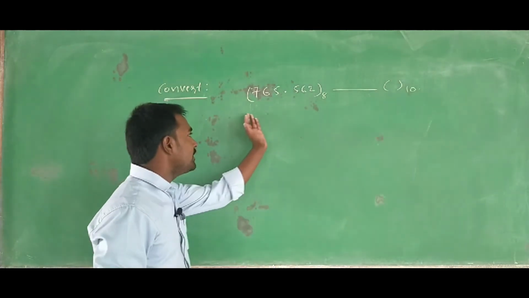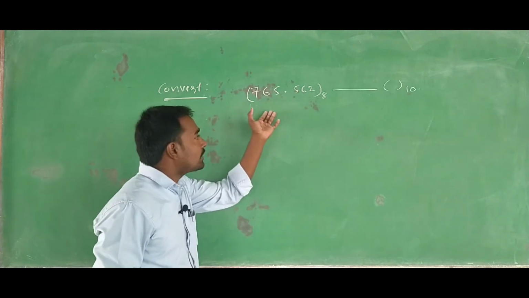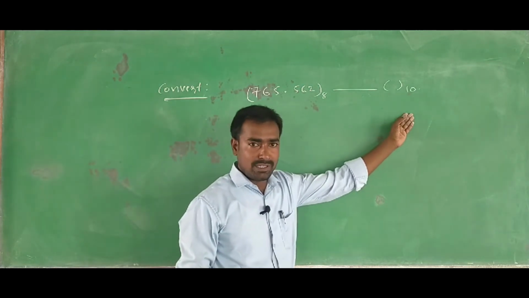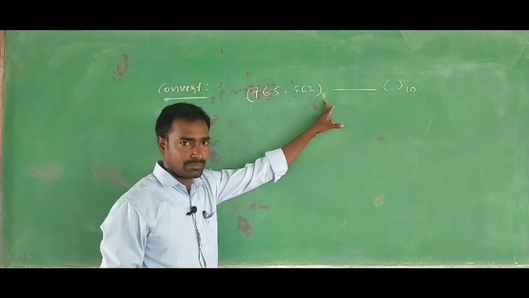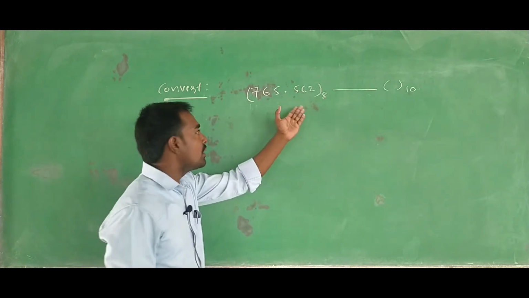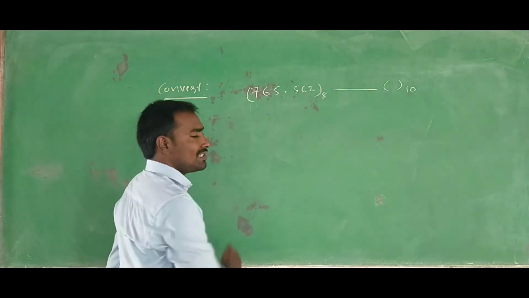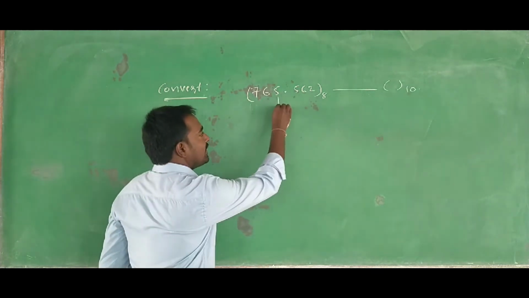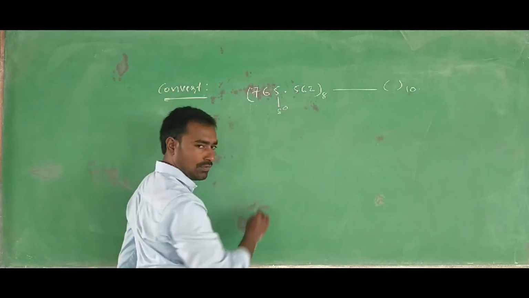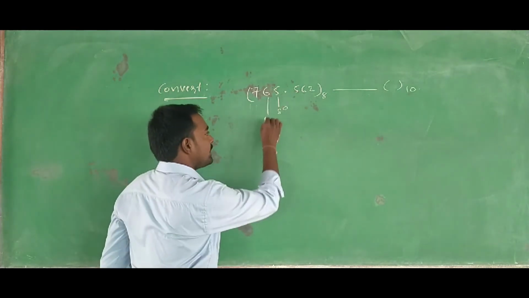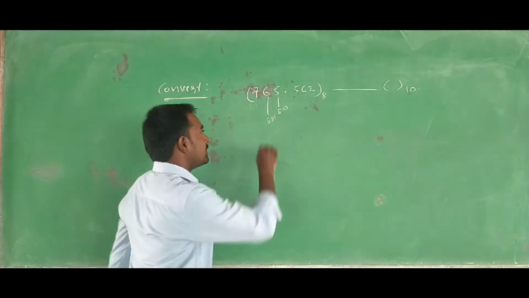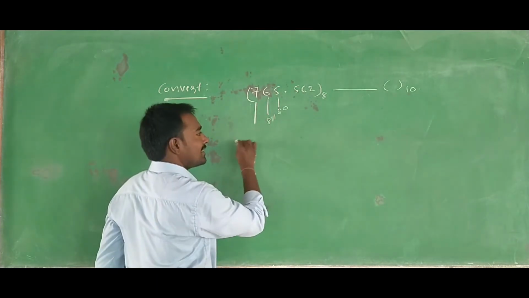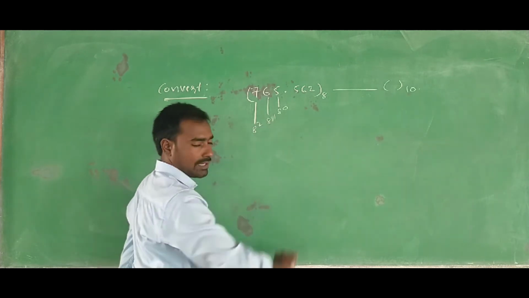When we are converting the octal number into the decimal number, we have to multiply with the base of 8. This is a positional number system. This indicates the position of 8 to the power of 0, this indicates the position of 8 to the power of 1, and this 7 is indicated by 8 square.